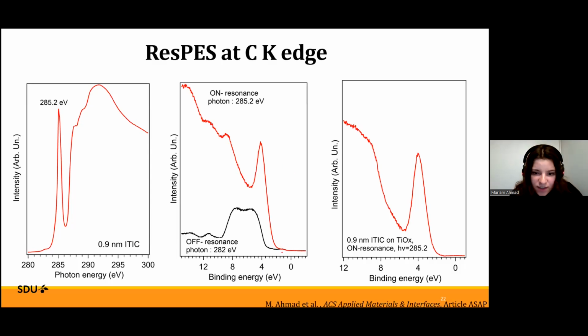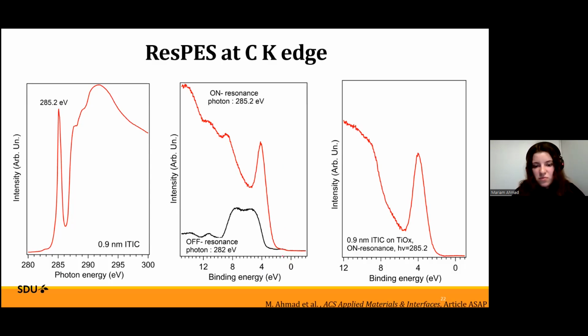Now we see on both of these valence band spectra, we still have this 1 electron volt defect state that I was talking about before. We already know we have it in titanium oxide, but the question is, when we are on resonance, is this feature still only related to the titanium oxide substrate, or are the HOMO states of carbon also contributing? Is there some interfacial state at the interface?